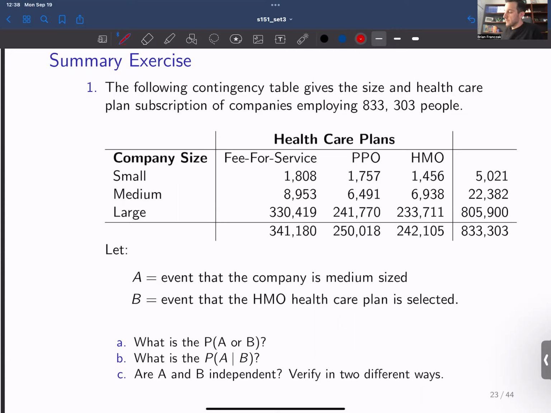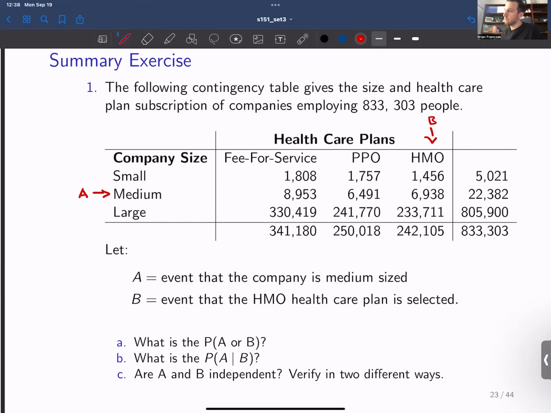We have defined 2 events, A and B. So the event A is the event that a company is medium-sized. Okay, so we can think of A as corresponding to anything across this row. And event B is that the HMO healthcare plan is selected. So we can think of B as corresponding to anything across this column.